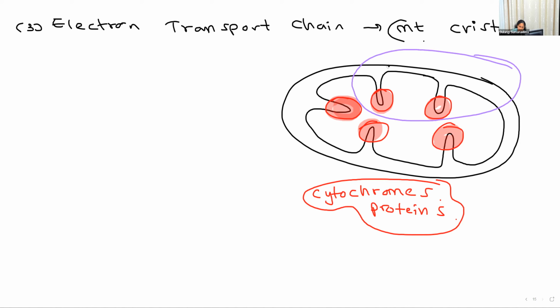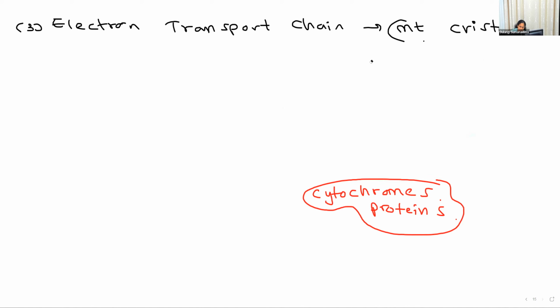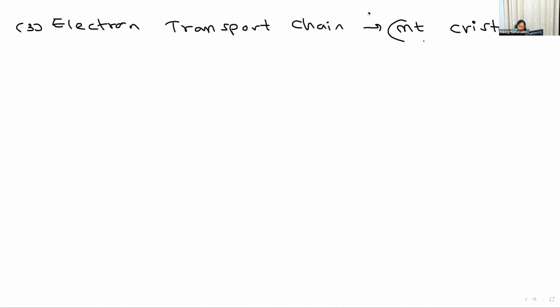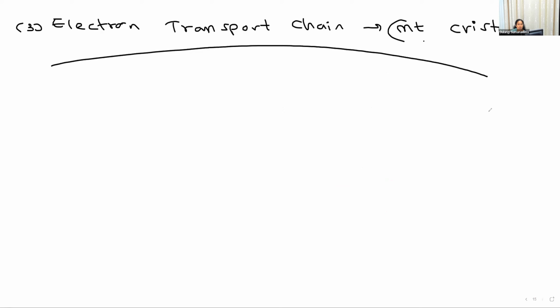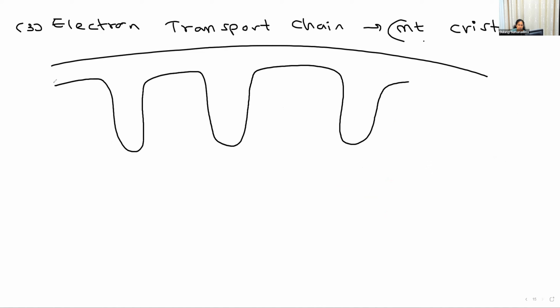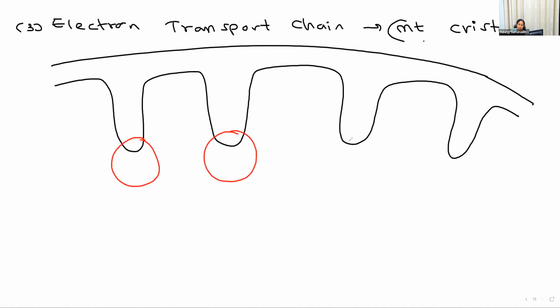Right? I need the space, so I'm going to erase this first. I'm going to enlarge the outer membrane, inner membrane with the cristae. Can you draw a couple of cristae? And then draw the cytochromes. Can you draw one cytochrome per cristae to make it simple?